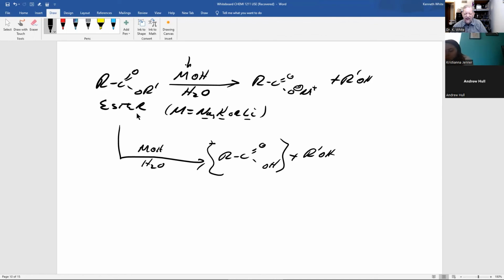But you notice I have it in brackets? That means you can't isolate it. Because remember, a carboxylic acid reacts with a base and water, and this is an acid-base reaction, and this goes directly to the carboxylate anion. And the fastest reactions in all of chemistry are what's called diffusion controlled.